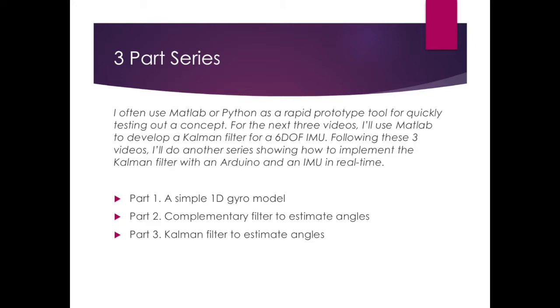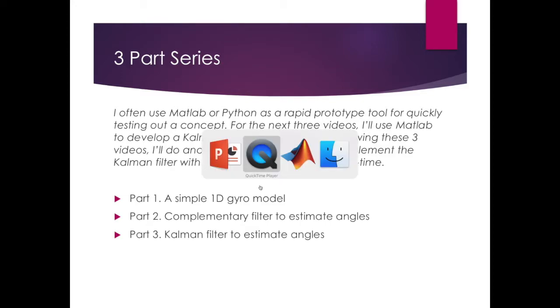What's interesting about this is that we'll be able to compare the Kalman filter to the complementary filter and see what the differences and similarities are, what it takes for each of them to tune, the advantages and disadvantages and such. So let's move on to part 1, which is the simple 1D gyro model.